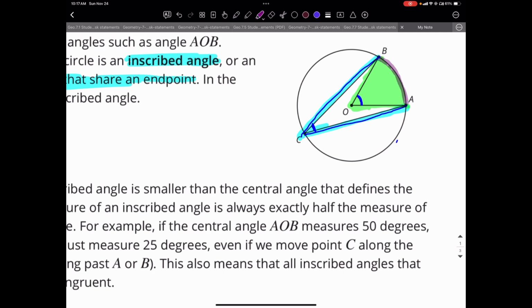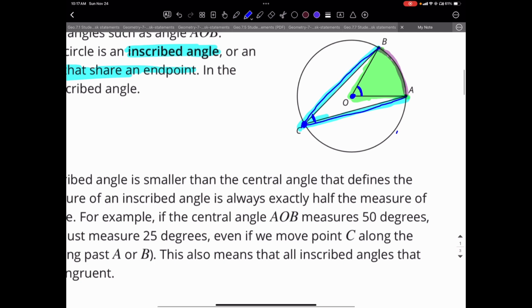Well, think about this. If this central angle vertex is here and this inscribed angle vertex is here, that is twice the distance to the other side. If it's twice the distance, it's going to be half the angle.